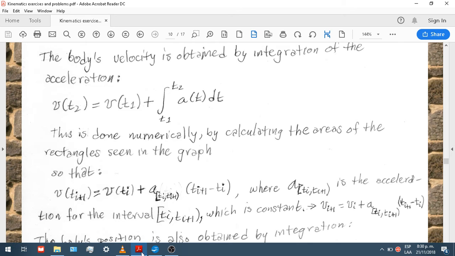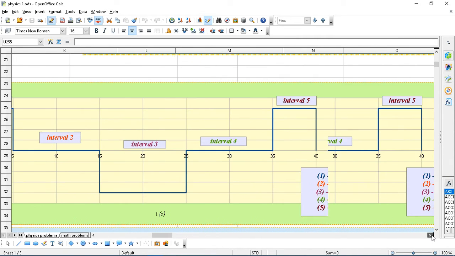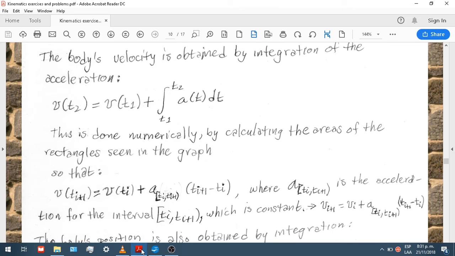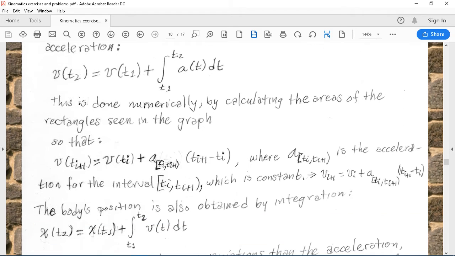Here we do that numerically, and since the acceleration is constant for each of the intervals, we can simply do that by adding the areas of the rectangles for each time interval, so that v of t_i+1 should be equal to v of t_i plus the acceleration for the respective interval times the time difference between the endpoint and the starting point of the time interval.